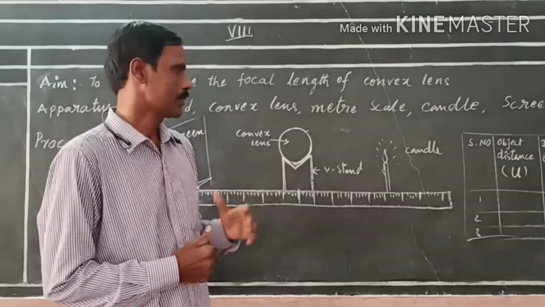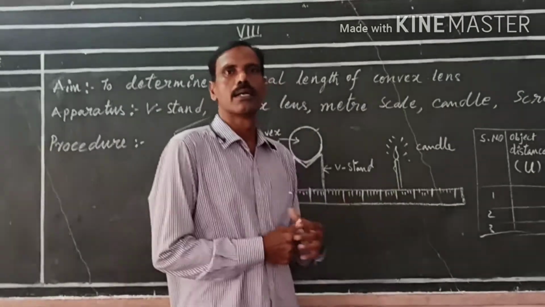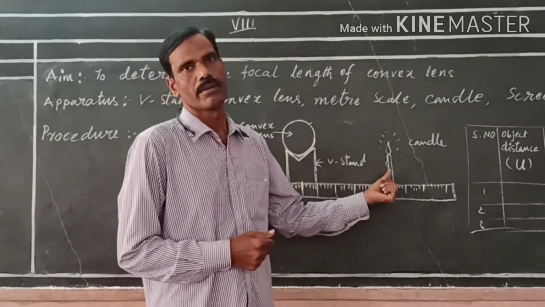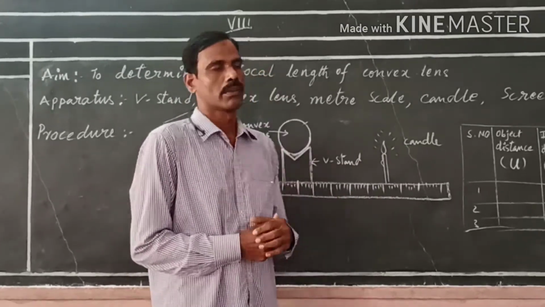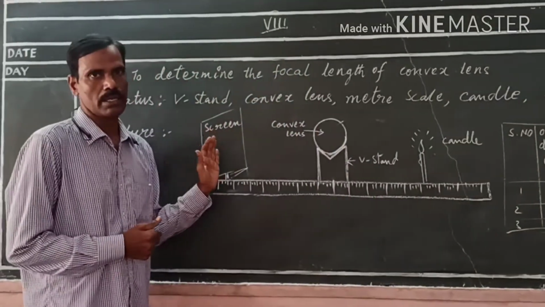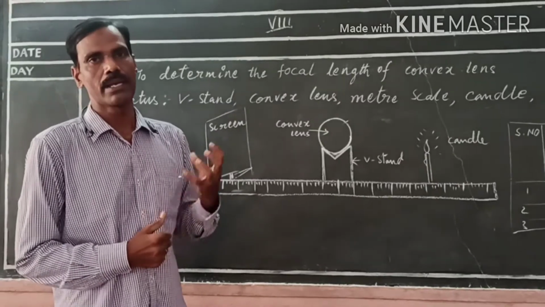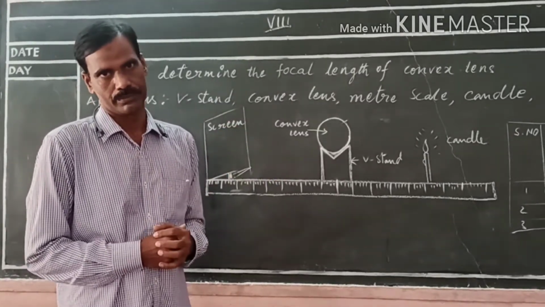First, let us place the candle 60 centimeters away from the convex lens and try to get the image of the candle on the screen by adjusting the screen.